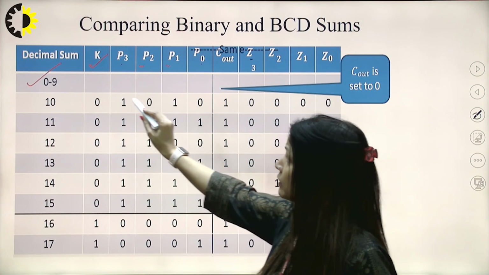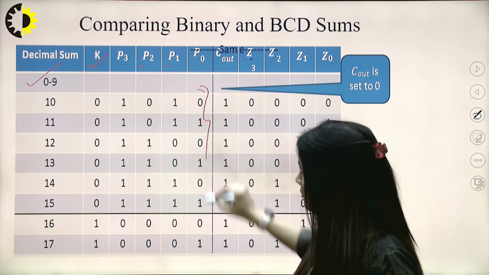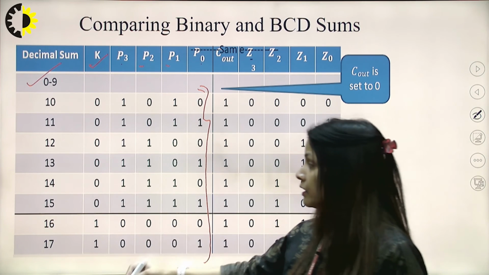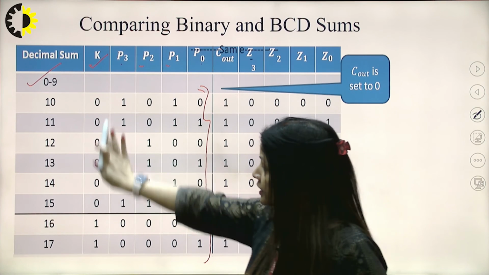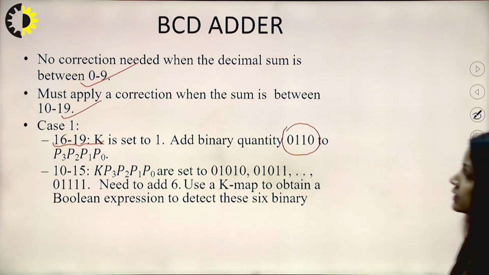These are all the cases where corrective action is needed, right? And we have already distributed them into the two cases where K is 0 and where K is 1. So coming to the next slide.